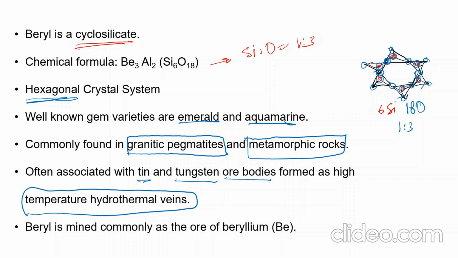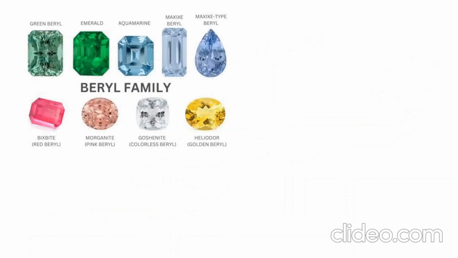So its importance is in the form of the hydrothermal deposits, and it's mined commonly as the ore of beryllium, which is Be3Al2Si6O18. So these are some of the gem varieties of beryl.